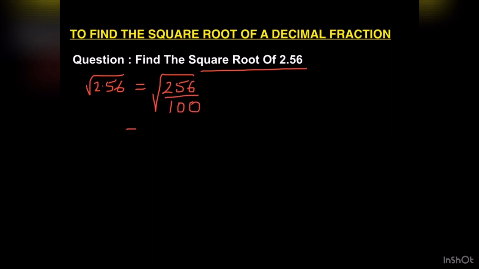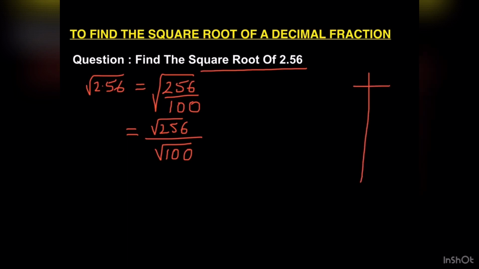Now this is equal to, square root of a fraction we can write as square root of its numerator by square root of its denominator. Now to find the square root of the numerator, 256, let's do the prime factorization of 256.